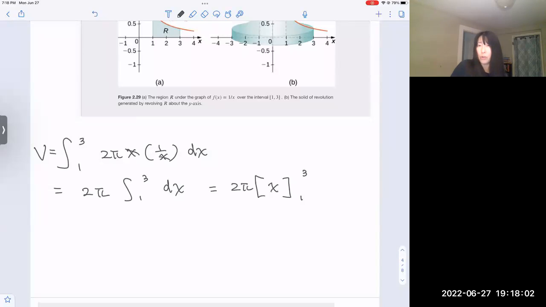So we evaluate: 2 pi, 3 minus 1. What do you get? 4 pi. Very good, 4 pi. So the integration part is easy, right?